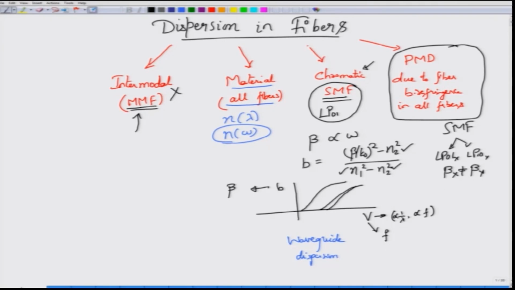Even if you launch the wave at the same frequency for both the x and y polarized modes, their propagation constants will be different, and this difference in the propagation constant eventually gives rise to dispersion.